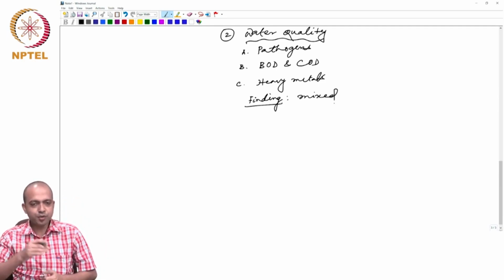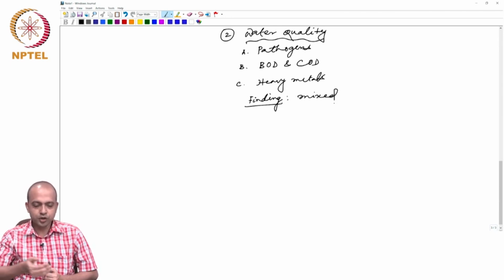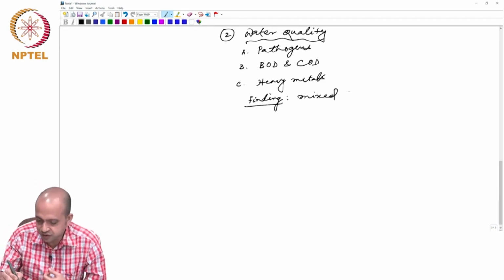That means, for some of these indicators, empirical literature supports EKC type of relationship. For some of these water quality indicators, they do not support EKC, and in some cases the relationship is even U-shaped. Okay?